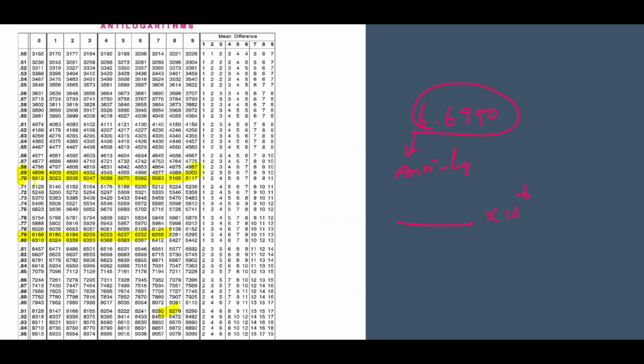My number is 9th term. So what was that? 5000. So we have to mark the decimal point here. So finally our answer is 5 into 10 power 6. This is not minus 6, it is a positive 6, because the positive number is there. We are getting the same number. Clear? I hope it's clear.